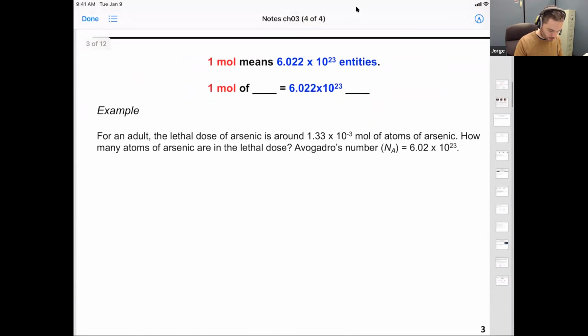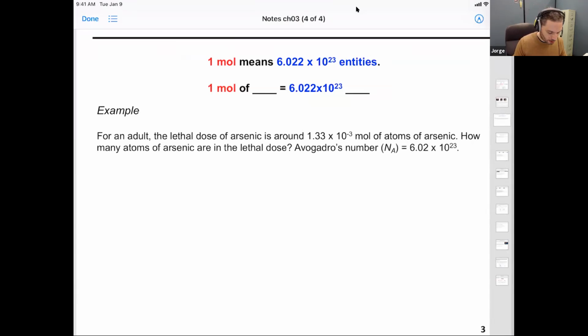Okay, so the best thing to do in this part of chapter 3 is to practice with lots of exercises. I will do some examples with you here. Obviously, I cannot cover all the cases, so I will give you the basics, and from there you have to take it on your own.